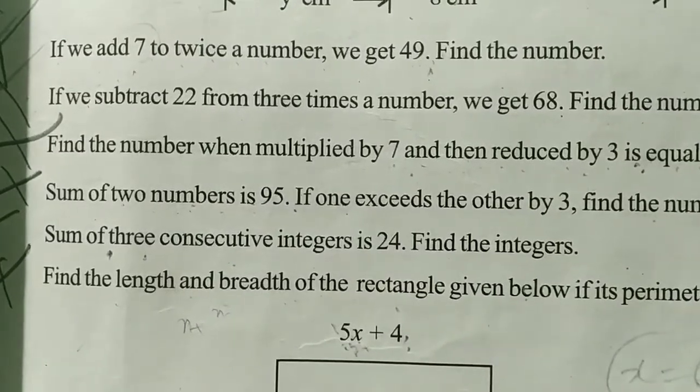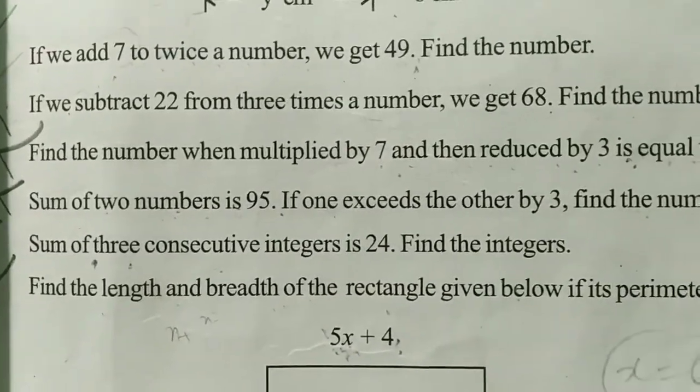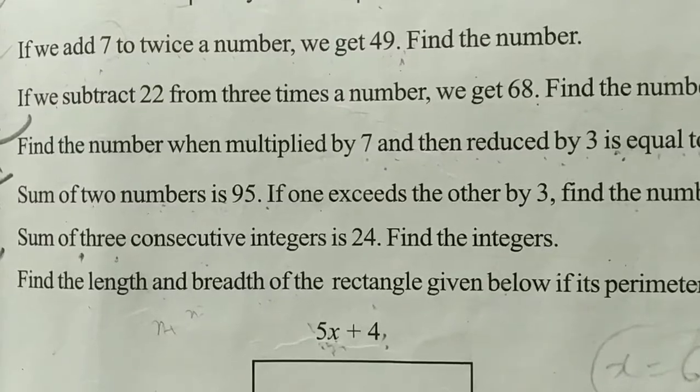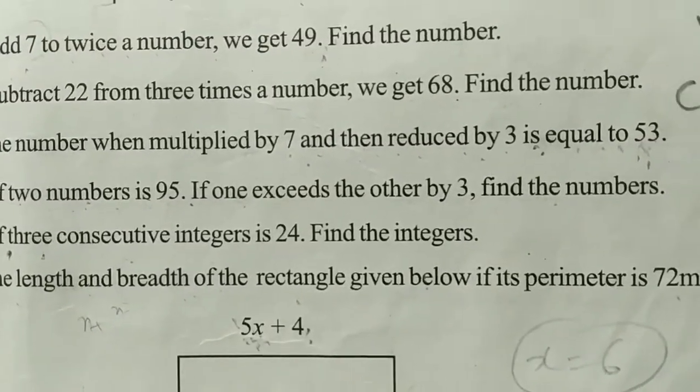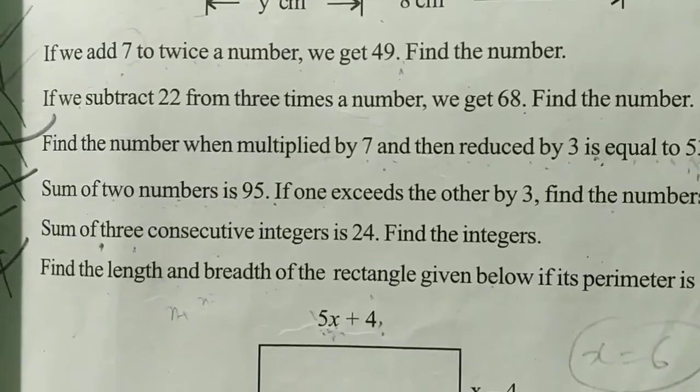See the fifth one. Find the number which, when multiplied by 7 and then reduced by 3, is equal to 53. So we have to find the number.